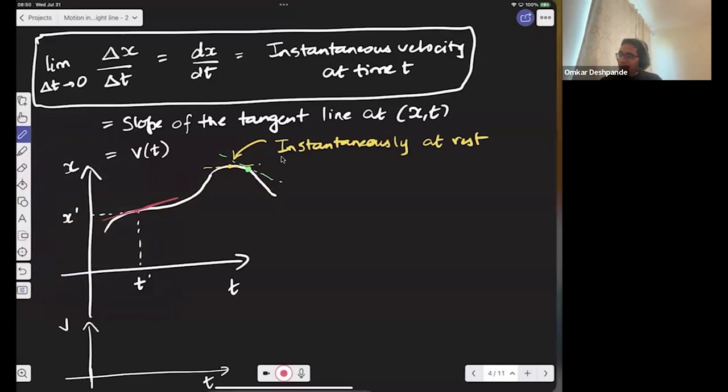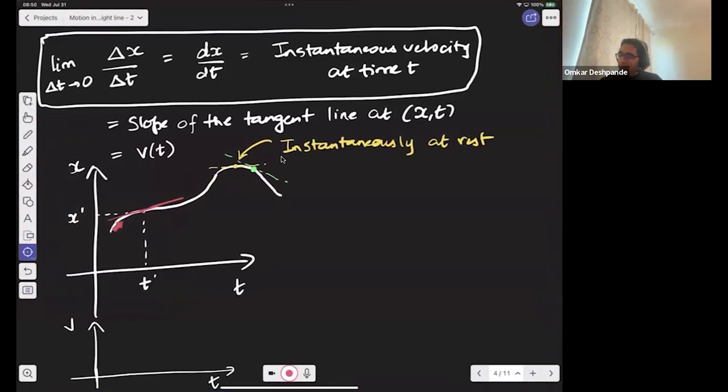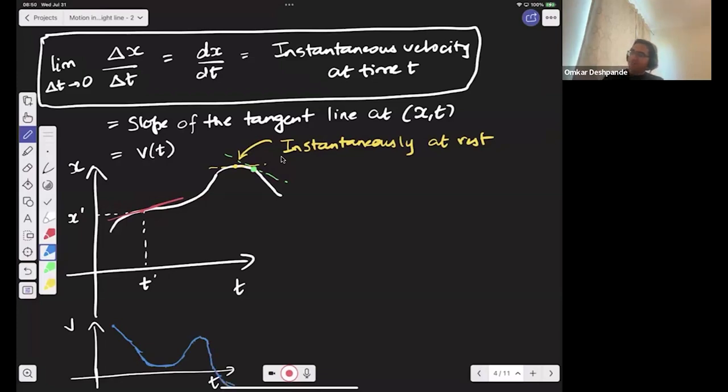So here initially the slope is steep, so I'm going to make it, let's say, a relatively high value, and then it flattens out, maybe it falls like that, and it becomes close to zero, and then it again starts rising up, and then it falls down to zero, and then it becomes negative, right?